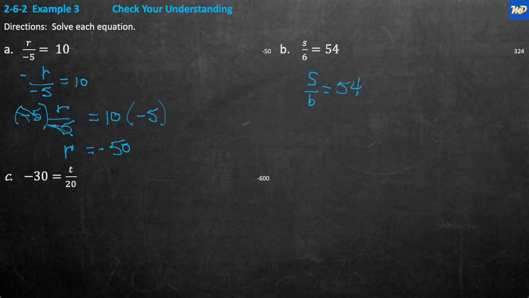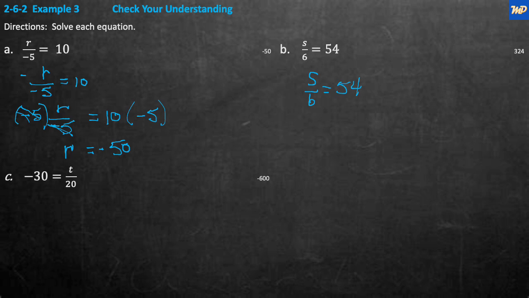We need to get the S by itself, and it's on the left side. We're just going to leave it there. No one told us we have to move it. Doesn't matter whether you say 5 equals S or S equals 5, it's still the same answer. In order to get S by itself on the left-hand side, we have to do what? We're dividing by something. In this case, we're dividing by 6.